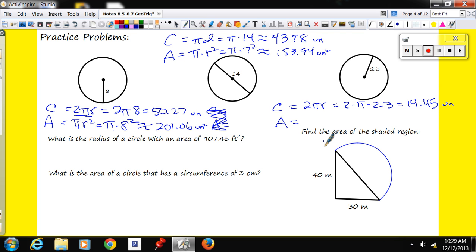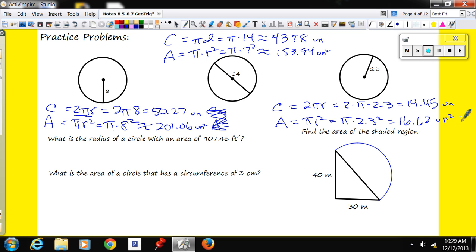And then the area would be pi times r squared, pi times 2.3 squared. So 2.3 squared, and then we're going to times that by pi. We get 16.61, 16.62. So there's your circumference and area for those three circles.